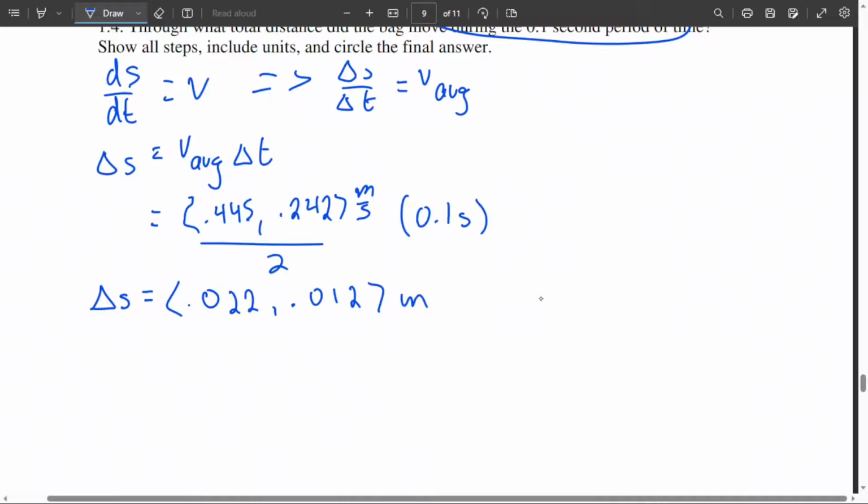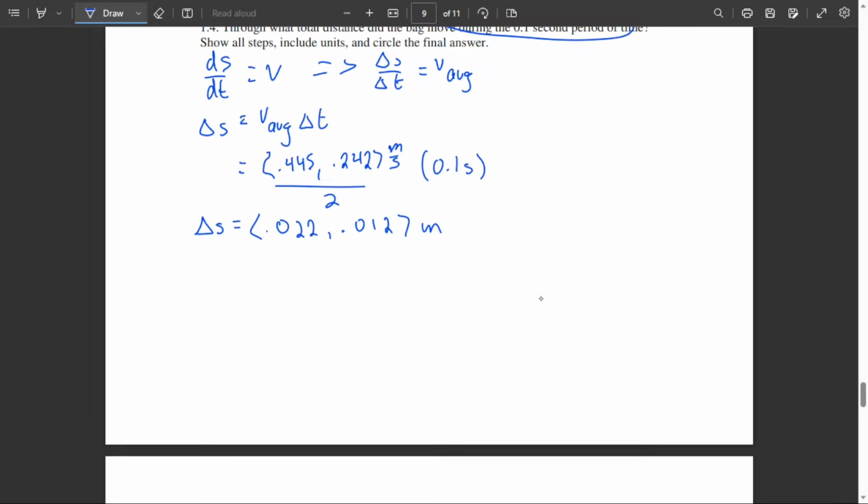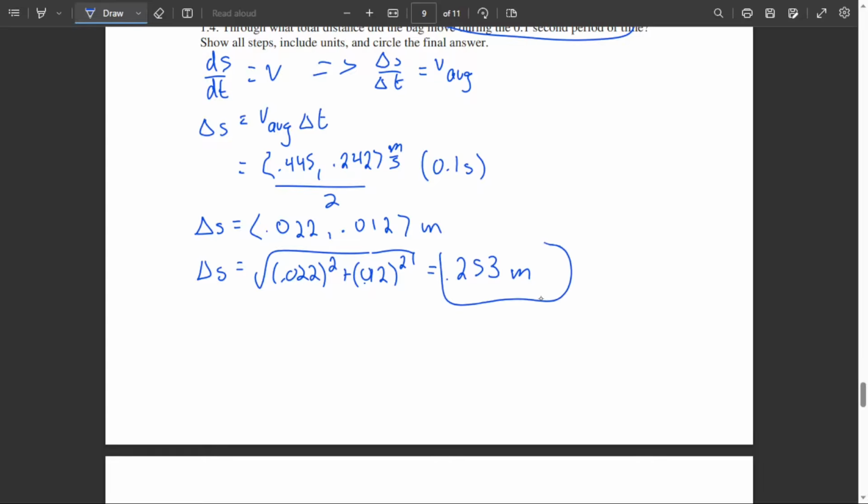That gives us a small number, around 1/4 of a meter. So that's our answer.